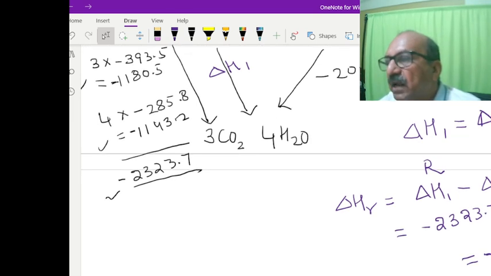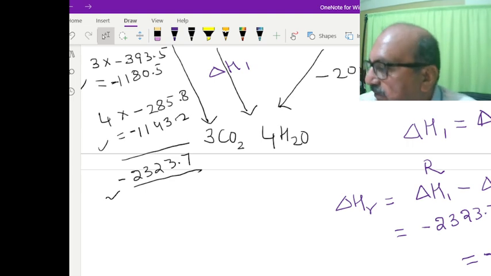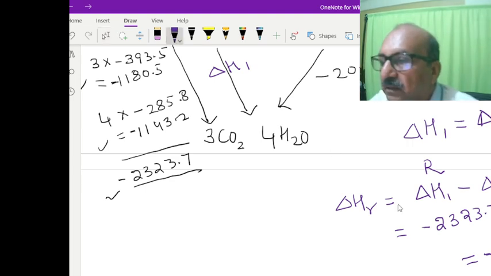So if you have to find out the delta HF, then it is delta H1 minus delta H2. See how it has changed. It's now become the reactants minus products, not the products minus reactants.